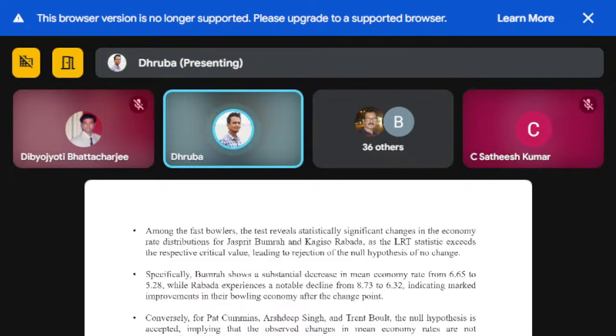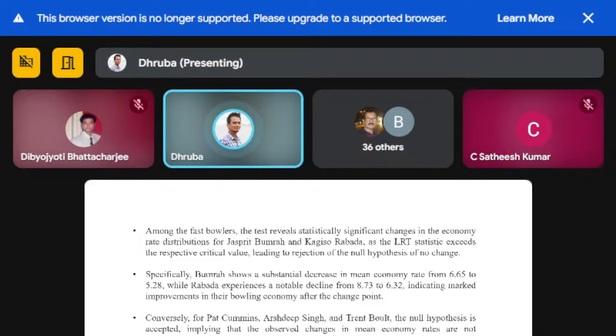Among the fast bowlers, the test reveals statistically significant changes in the economy rate distributions for Jasprit Bumrah and Kagiso Rabada, as the likelihood ratio test statistic exceeds the respective critical value, leading to rejection of the null hypothesis of no change.